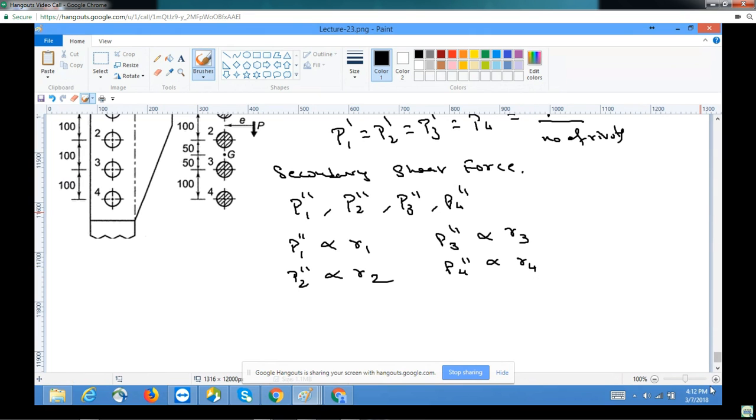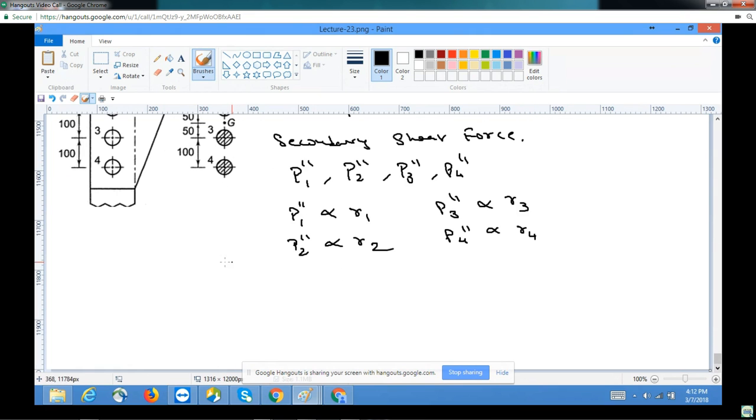So we can write this accordingly: P1 double dash is equal to C times R1, P2 double dash is equal to C times R2, P3 double dash is C times R3, P4 double dash is equal to C times R4.